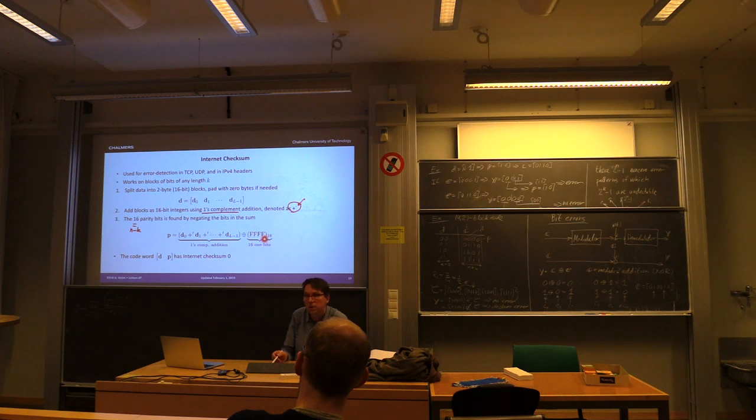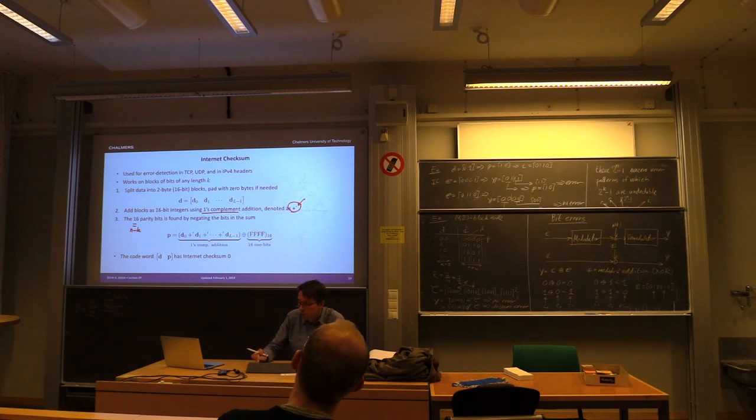This is in hexadecimal notation, so it's 16 1-bits. So basically, whatever bit pattern we get here, we flip those bits by doing this last step. And then it turns out that the resulting code word, which is the payload plus the parity bits, if we would repeat steps 1 to 3, we would get an internet checksum which is 0. And this is used at the receiver to check whether this is an OK code word or not.